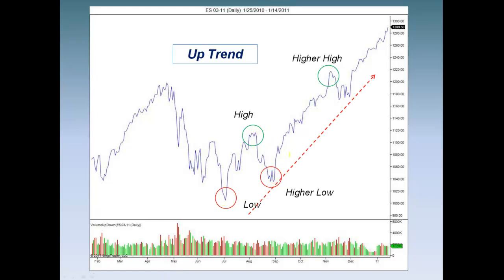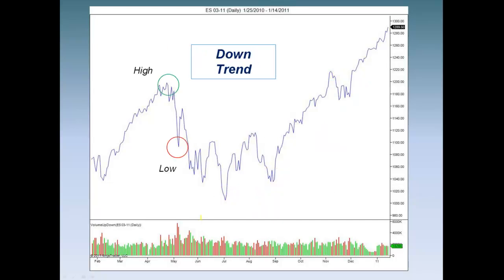Right. See, the uptrend becomes very obvious. And once again, you can easily spot this on any time frame chart. The definition does not change with the change in time frame. An uptrend, higher highs, and higher lows. Very simple.